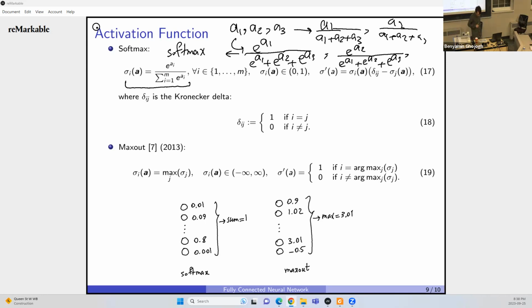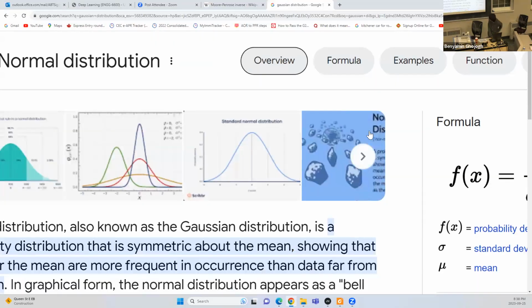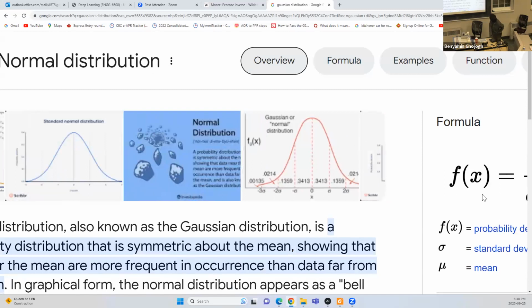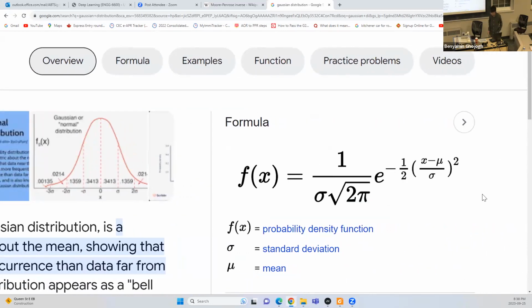Okay. And by the way, let's go back to the formula of PDF of Gaussian distribution. Why isn't this normalization factor important to me? Why do I get rid of that? Only I care about e to the power of something here in softmax.